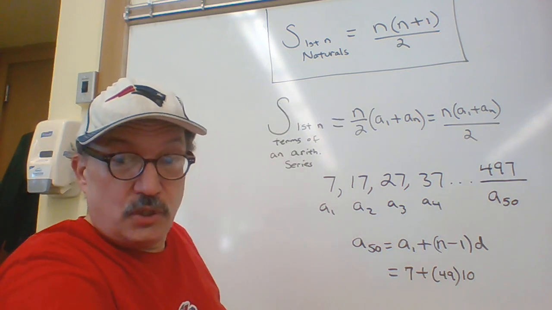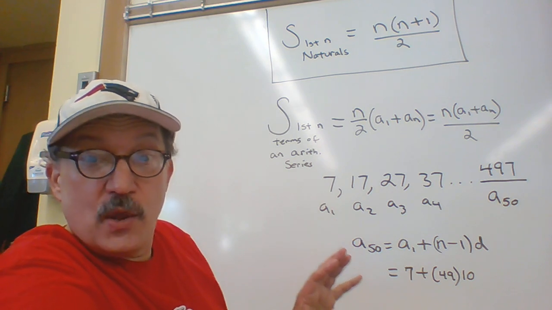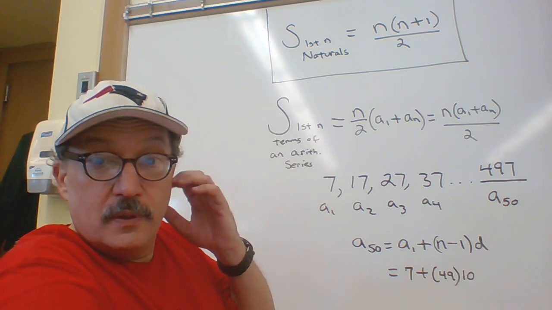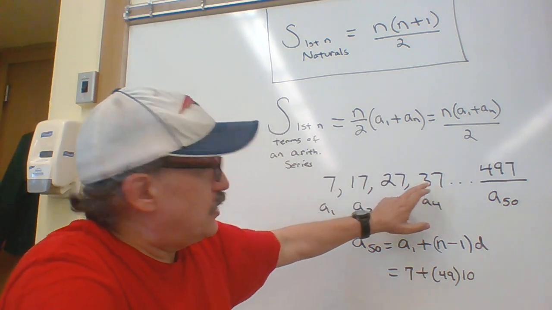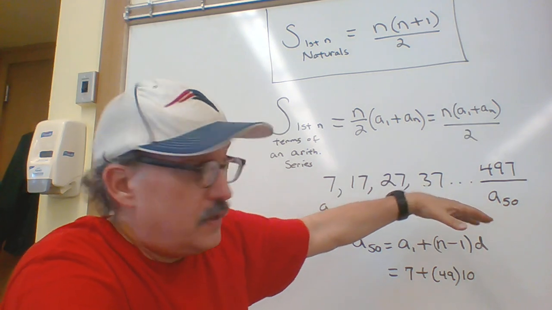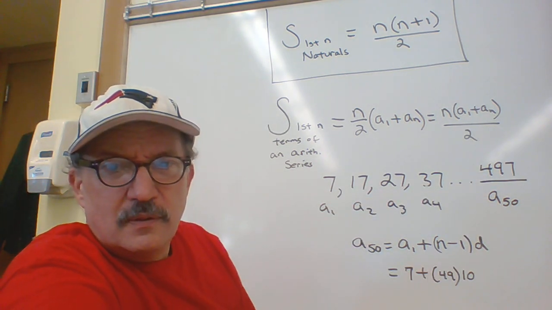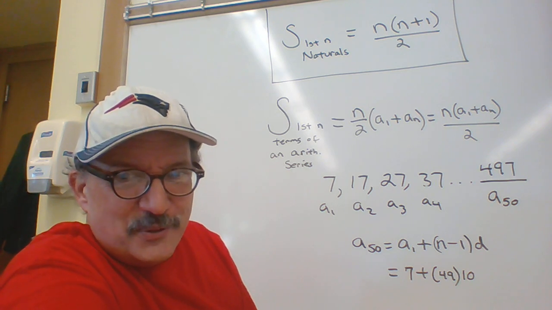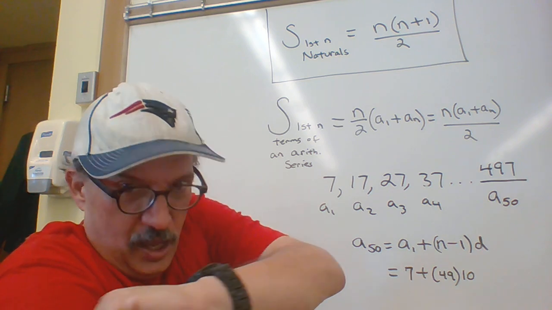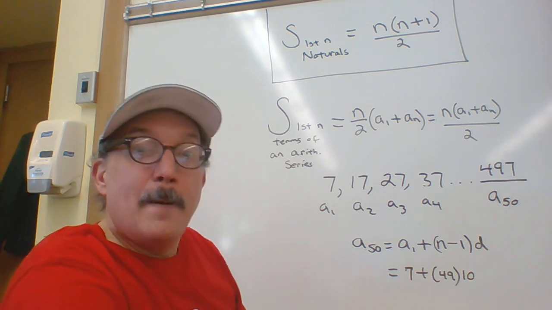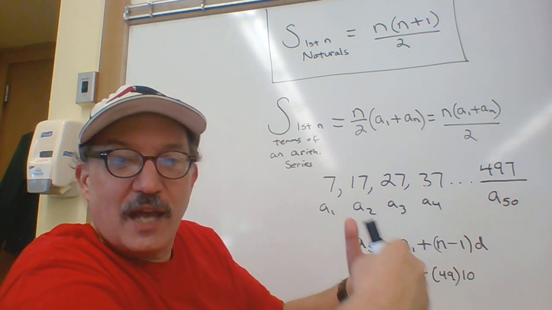Now we are in a position to add, believe it or not, all of those terms up. 7 plus 17 plus 27 plus 37 plus 47 plus 57, all the way up to 497. We're not going to grind it out. I'm sorry, I've got places to be. We're going to use the formula, and the formula, again, is very similar to what Gauss did.